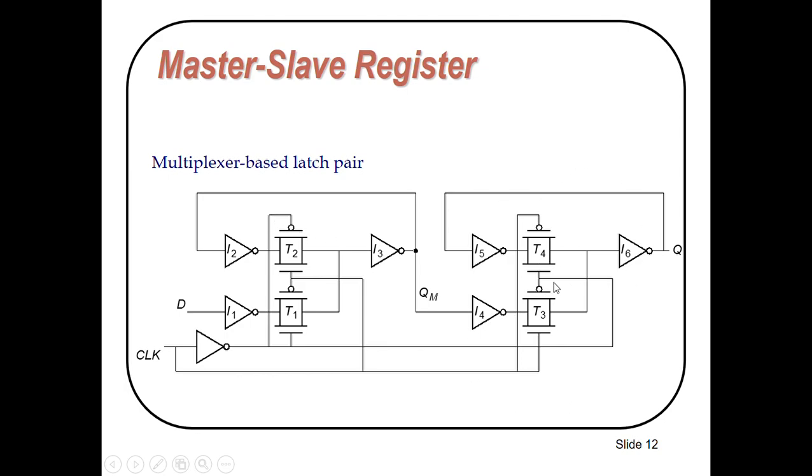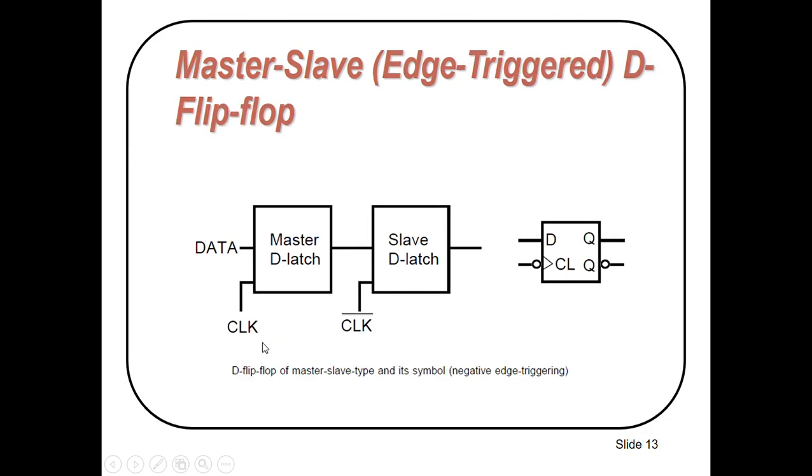Here you can see that we can design these master slave flip-flops or registers by using multiplexers or C switches. This is the block diagram of a master slave D flip-flop.